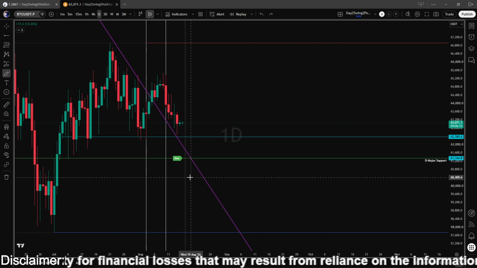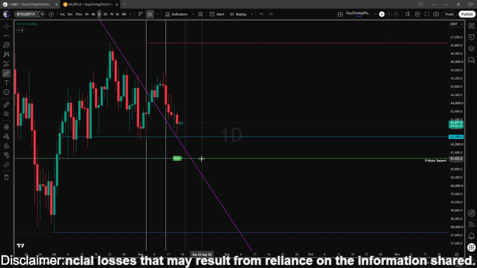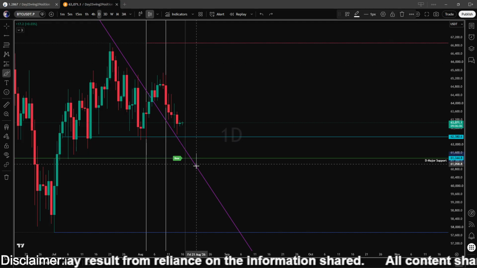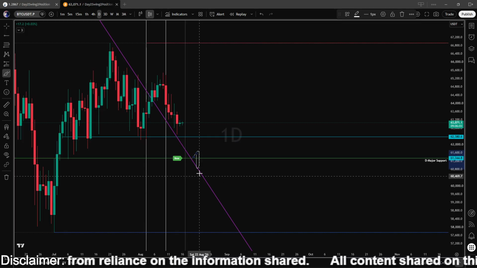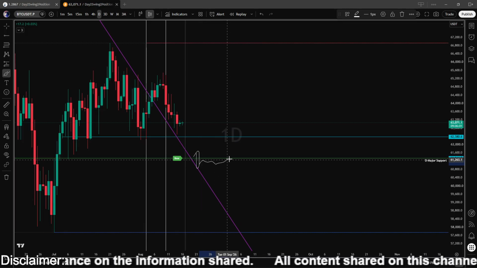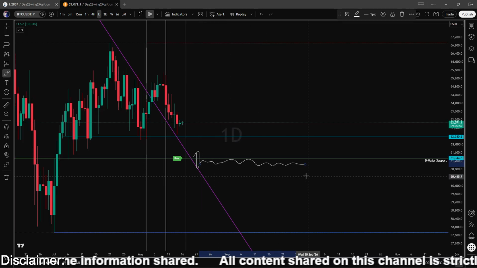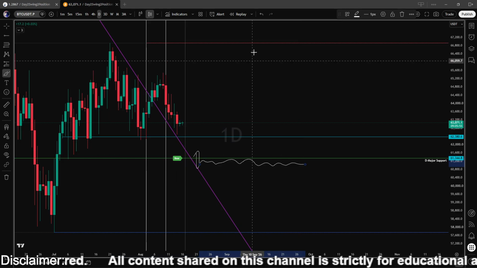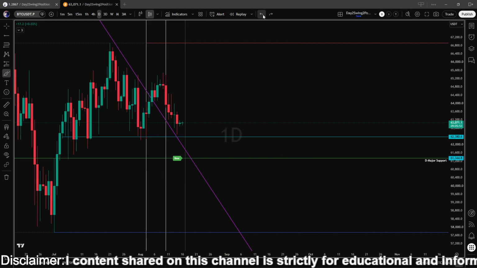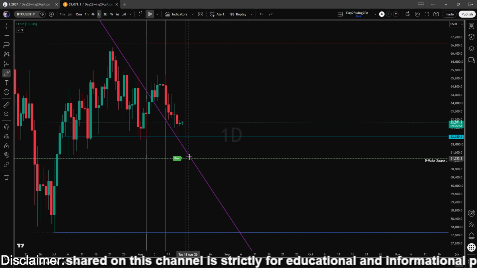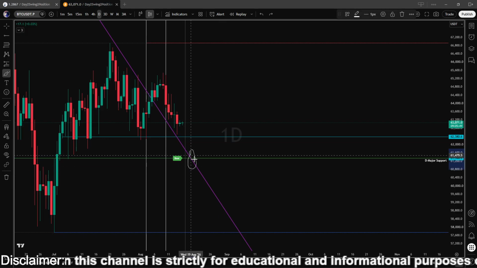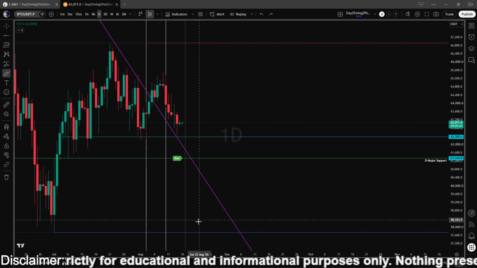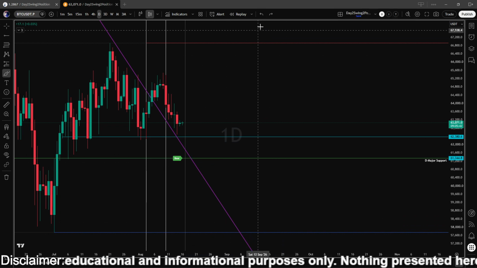The scenario I'm talking about is only possible if in any daily candle price breaks below this level and keeps on trading below this level. The confirmed short position is only when price breaks below this level and keeps trading below it. That's the only condition for the continuation of the downside.